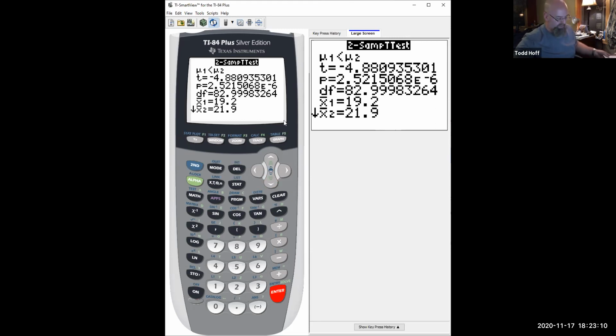We get a test statistic here of t equals -4.88 with a p-value of 2.52 e -6. So I want to do 2 things. I want to interpret this and tell you what that p-value means.